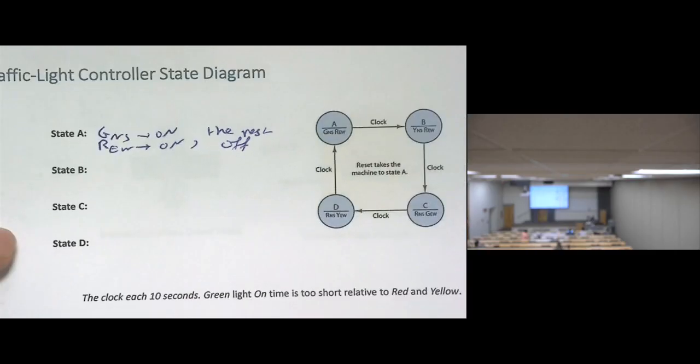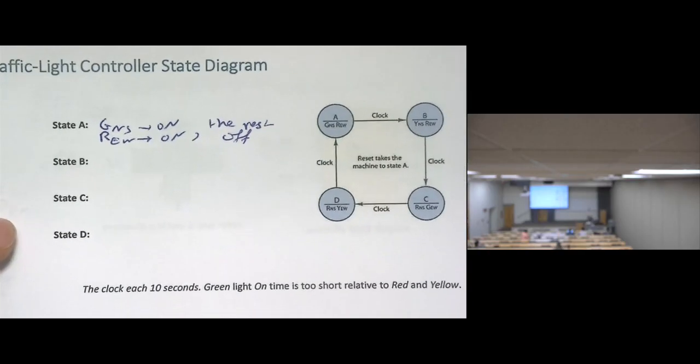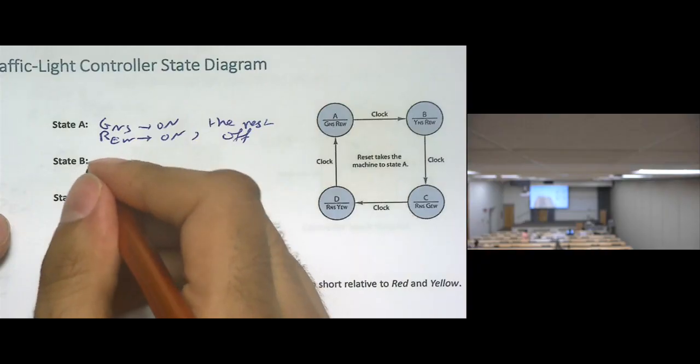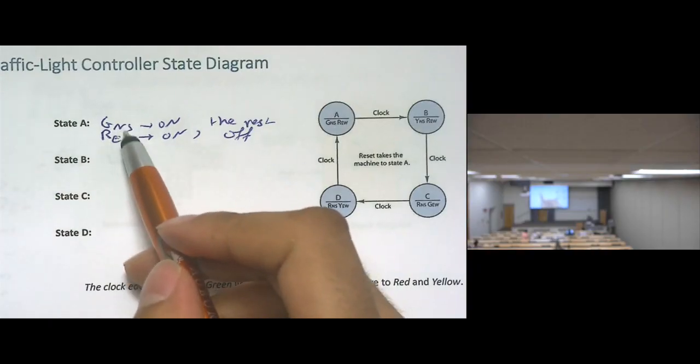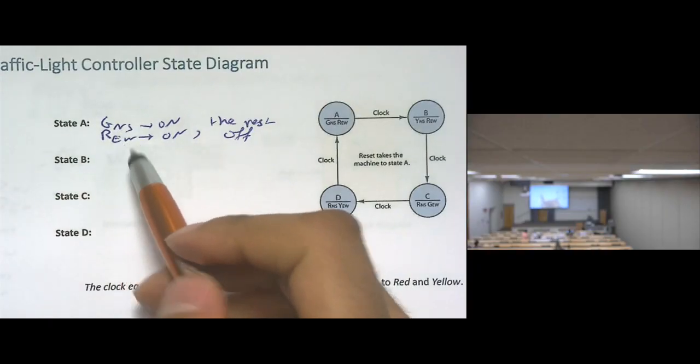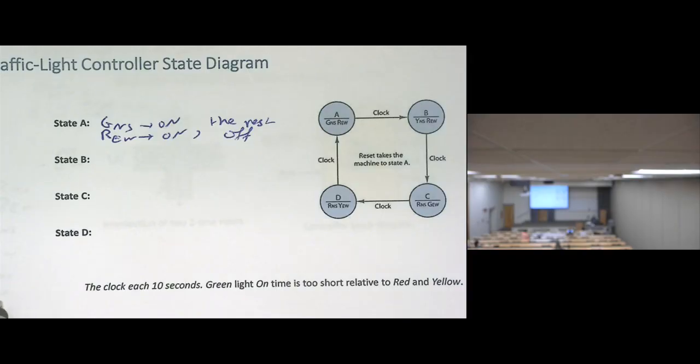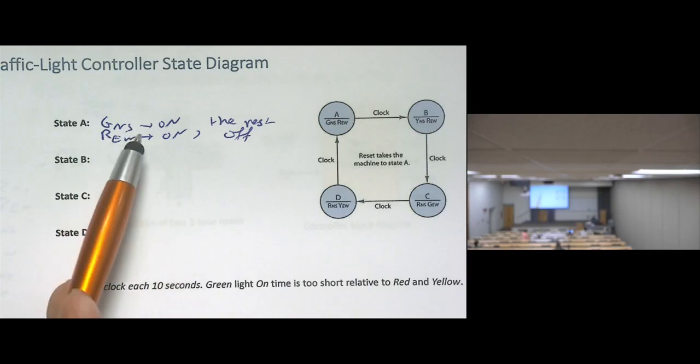Okay? How about state B? When the north-south is green, the other traffic light is red. I wait 10 seconds, then I move to the next state, which is yellow and red.